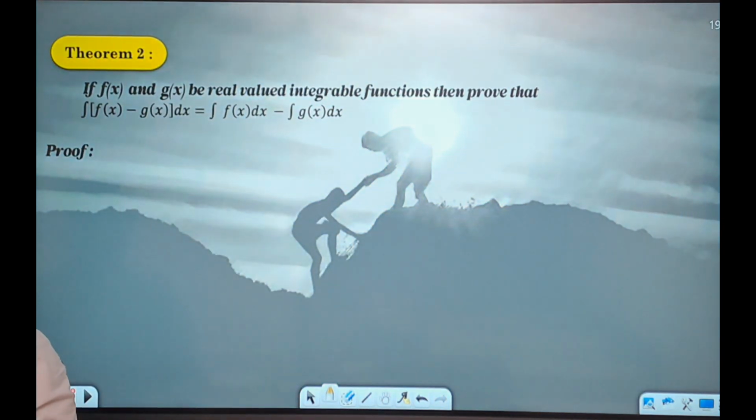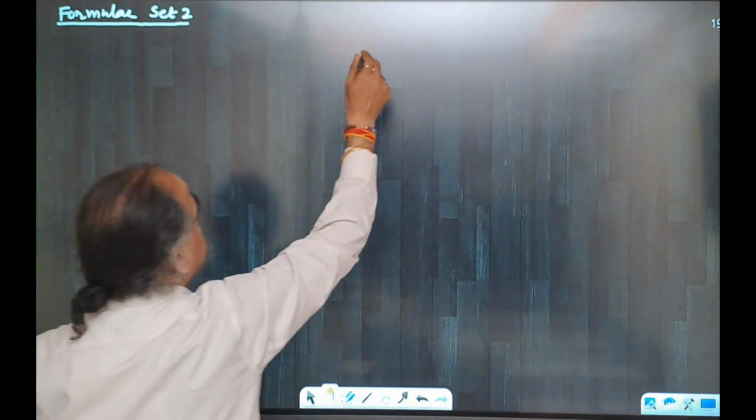Formula set 2. It is only for integration.